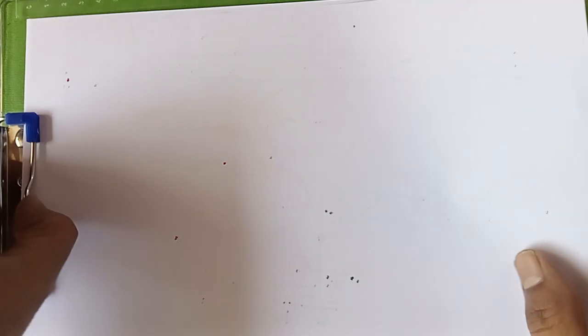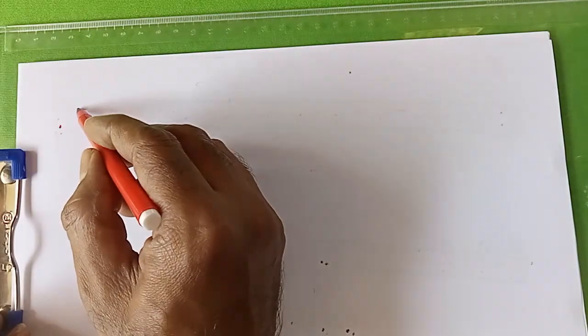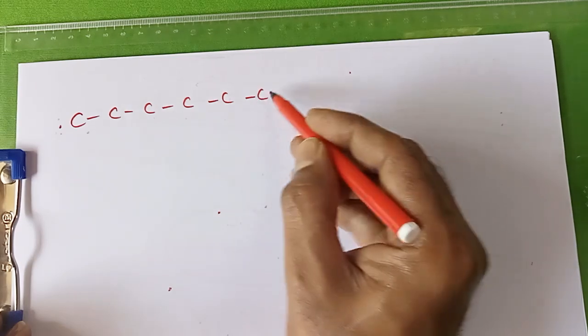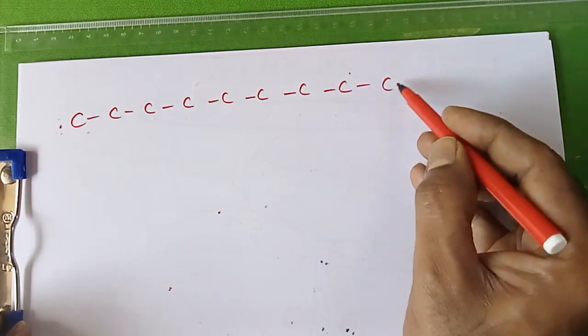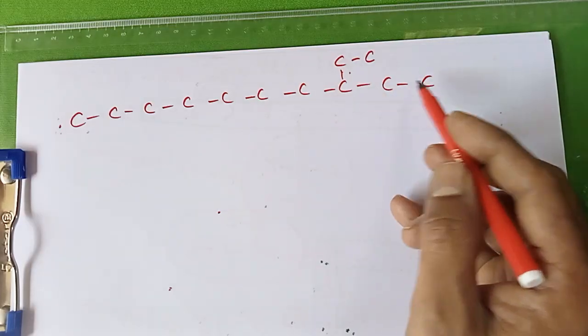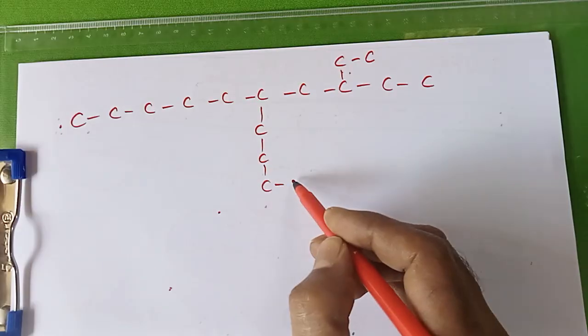See that in the next page, same example. Write the same example down here once again. 1, 2, 3, 4, 5, 6, 7, 8, 9, 10. Here C and C. 1, 2, 3, 4. 1, 2, 3, 4.